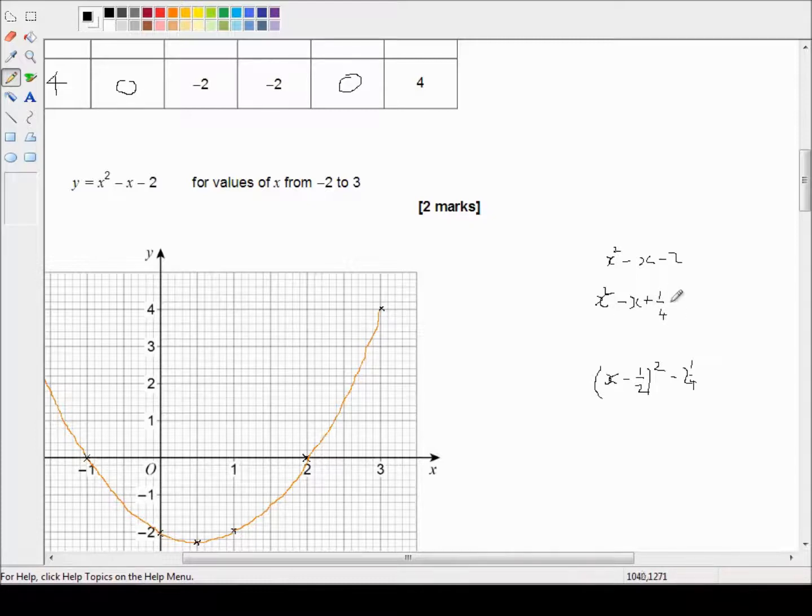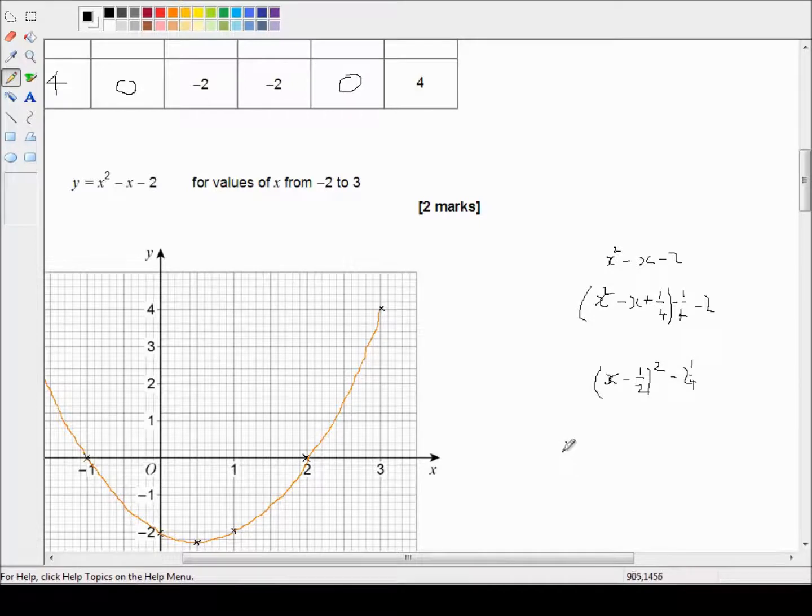And because we added a quarter, in order to keep everything the same, we need to subtract a quarter. And we've still got our negative 2 there. Now this lot is a perfect square, so this can factorise to x minus a half squared. And we're left with negative 2 and negative a quarter, so that's negative 2 and 1/4, or negative 2.25, which we can now plot as the minimum point.